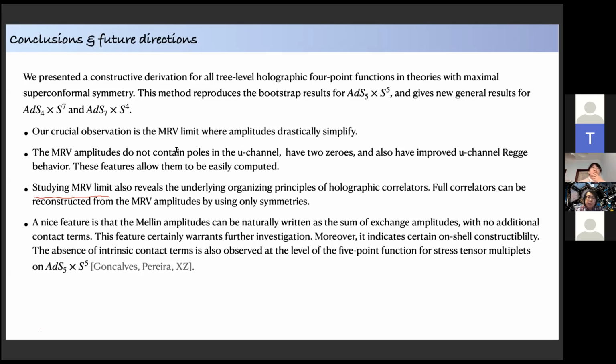These MRV amplitudes have very nice features. They don't have poles in the U channel, they have zeros, and they have improved Regge behavior. These features allow them to be easily computed. Also, studying this limit reveals the underlying organizing principles for these holographic correlators. It tells us that the full correlator can be reconstructed from this MRV configuration by using symmetries.